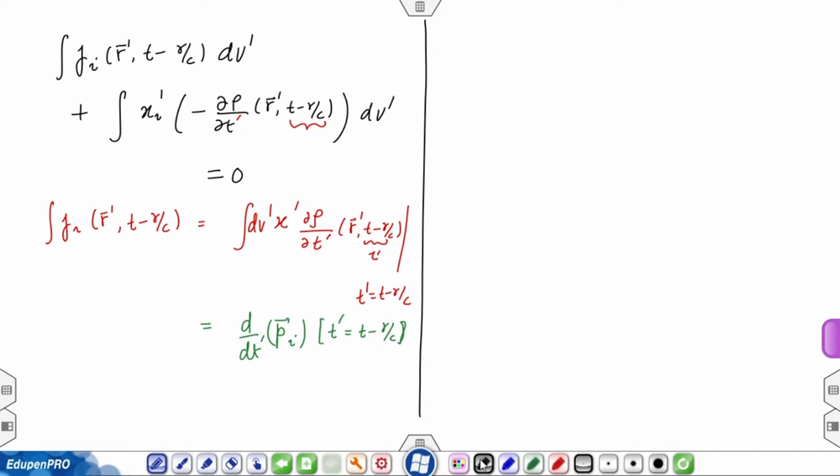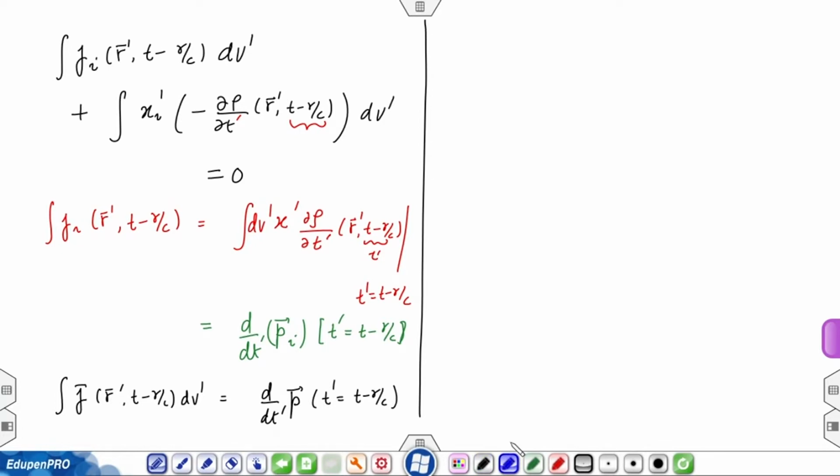So, what we have found, therefore, if you write the vector form now, is that integral j r prime, t minus r over c, dv prime is equal to the time derivative of the dipole moment of the system at t prime equals t minus r over c, or p dot, that is what we have been calling it.